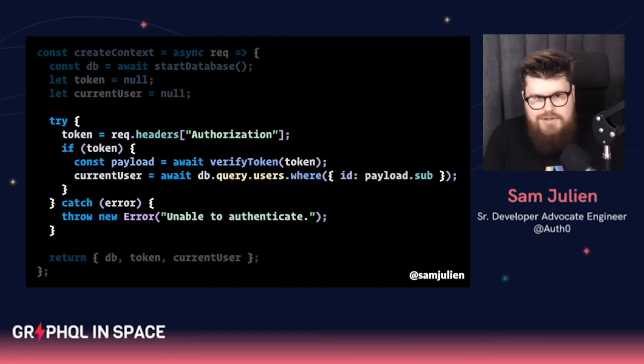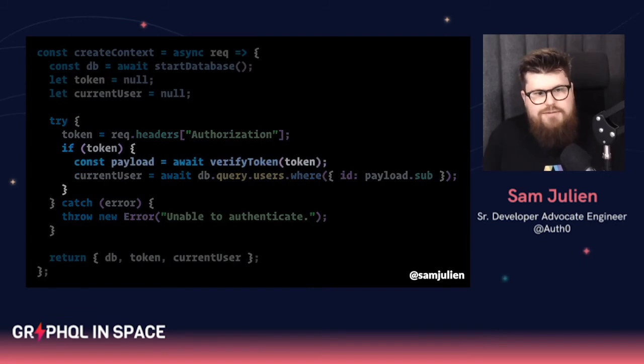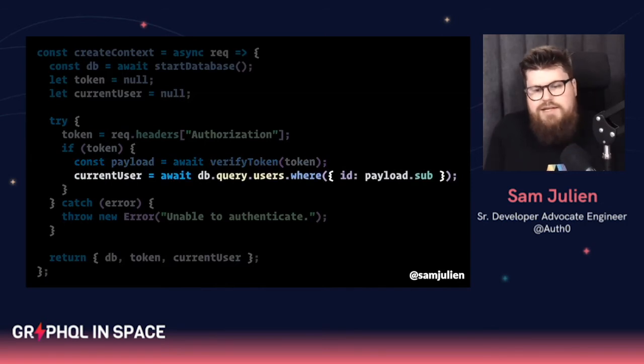We're going to grab the token off, and we're going to call our verifyToken function. If we have a token, we'll call that verifyToken function. And then what's neat is that because we're going to get the sub claim off the payload, which is basically the user ID, we could then go and query our database for the user that is making the request.